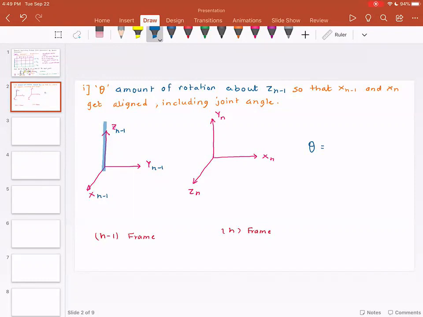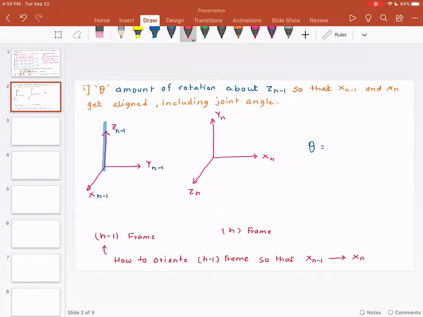And then I'm going to see how to orient the n minus 1 frame so that Xn minus 1 gets aligned with Xn.